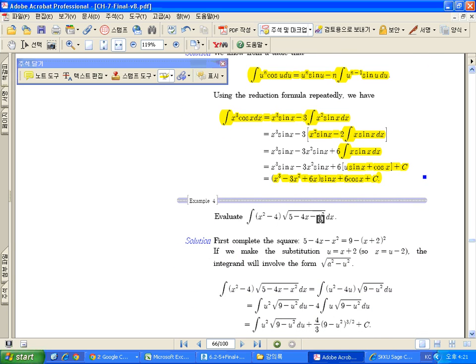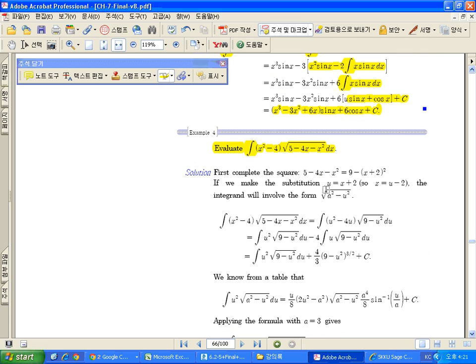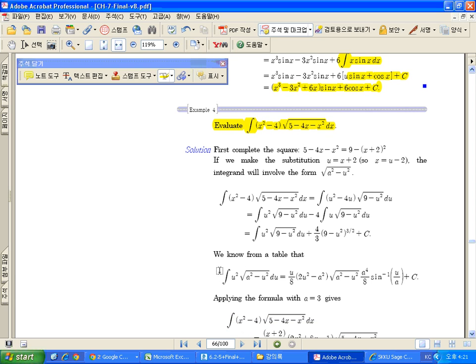And evaluate this one here. Here we use a table like this. If we complete the square, then this can be written in this form, like what we did before. This can be written with the substitution u equals x plus 2.